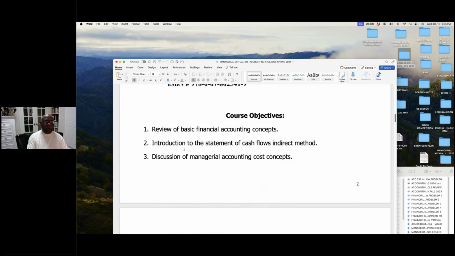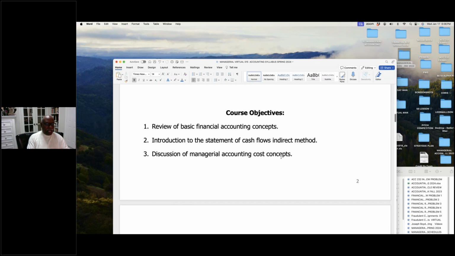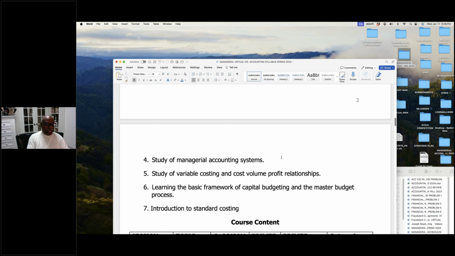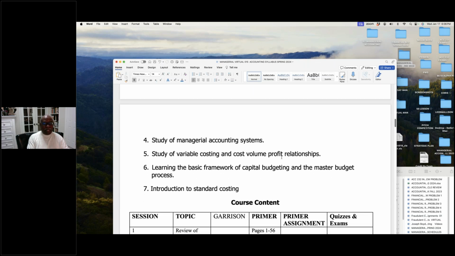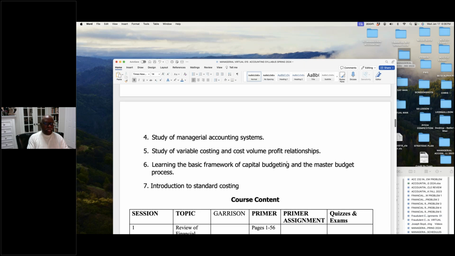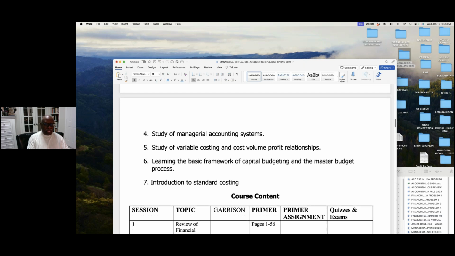We will begin by reviewing basic financial accounting concepts. We will have an introduction to the statement of cash flow, but by the indirect method. We will then begin looking at managerial cost concepts, managerial accounting systems, variable costing and cost volume relationships, capital budgeting and the master budget process, and then an introduction to standard costing.